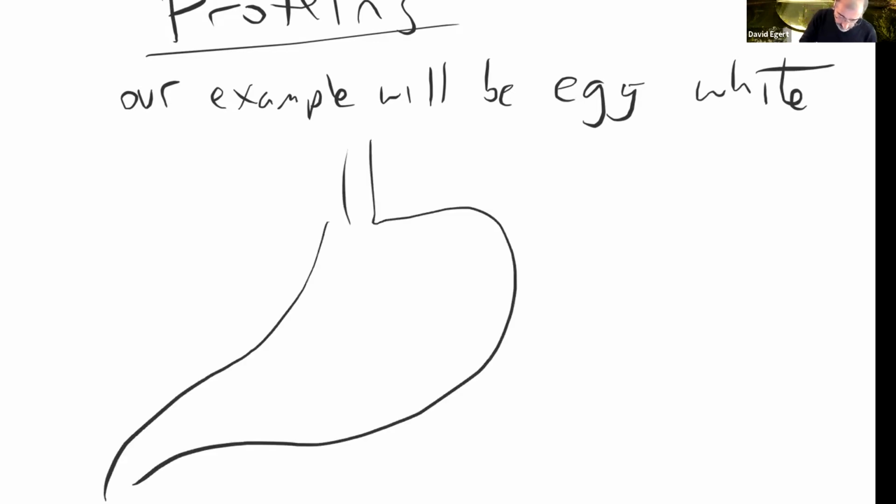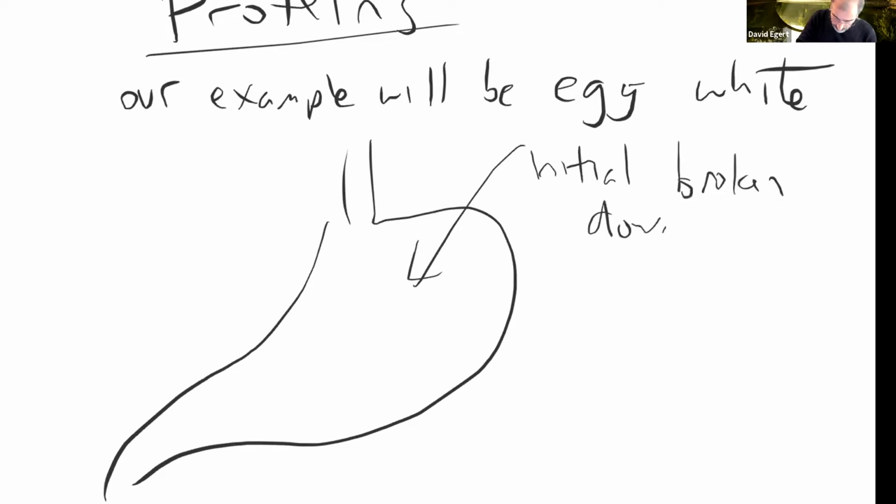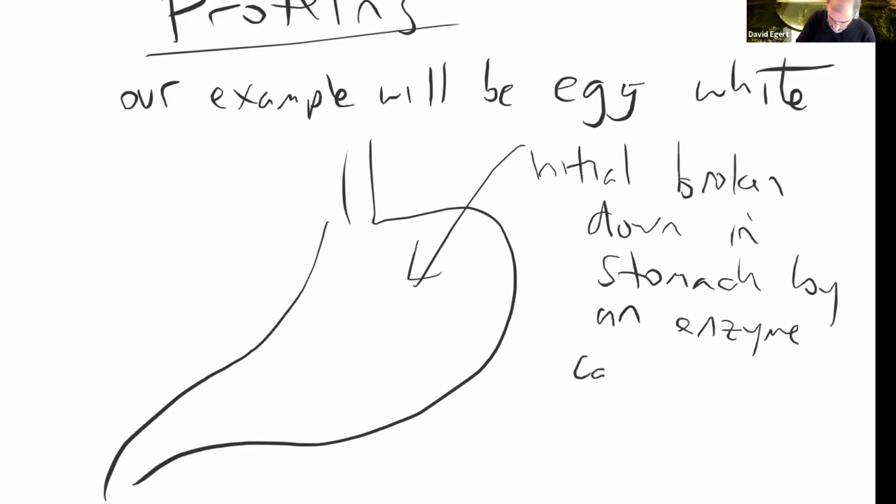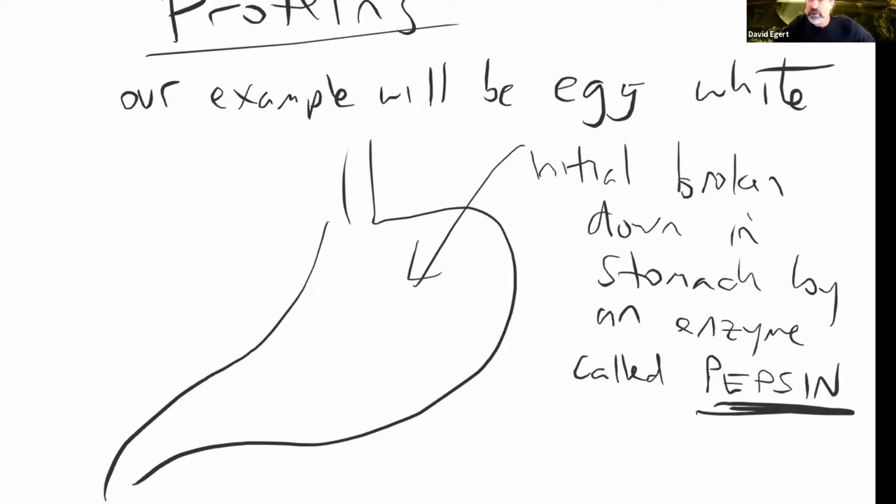Protein is initially broken down in the stomach by an enzyme called pepsin. Pepsin basically breaks apart the peptide bonds.